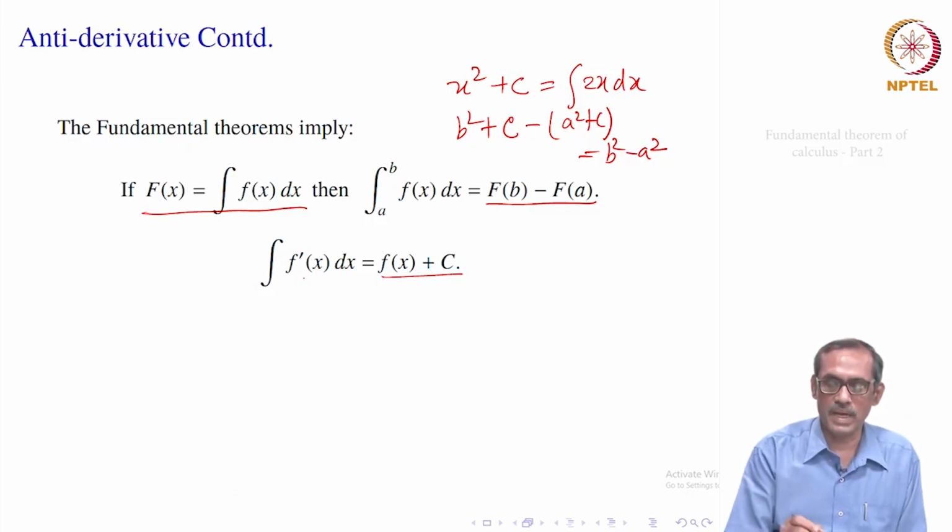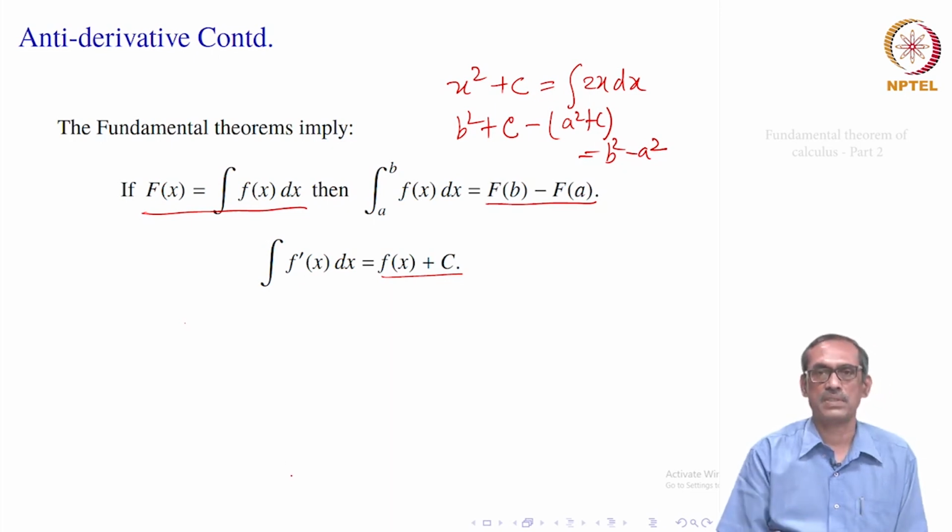So, these are the two main results which the fundamental theorems tell us. If capital F of x is the indefinite integral, then when evaluated from a to b, the definite integral equals capital F of b minus capital F of a, and the indefinite integral of F prime x dx equals F of x plus c.